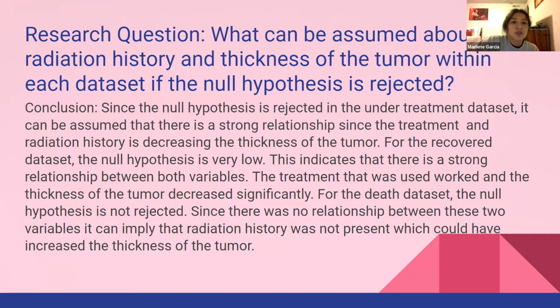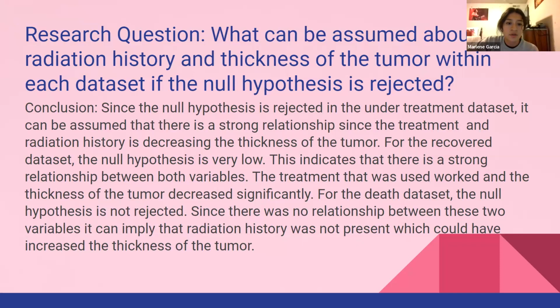Now, my next question is, what can be assumed about radiation history and the thickness of tumor within each dataset if the null hypothesis is rejected? Now, the conclusion that I came up with is that since the null hypothesis is rejected in the undertreatment dataset, it can be assumed that there is a strong relationship since the treatment and the radiation history is decreasing the thickness of the tumor.